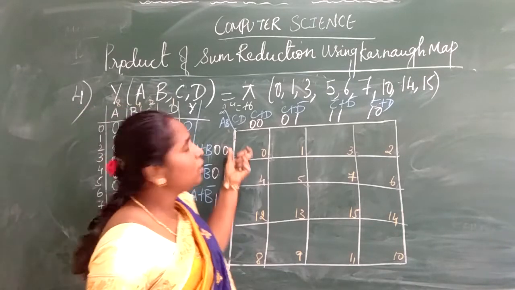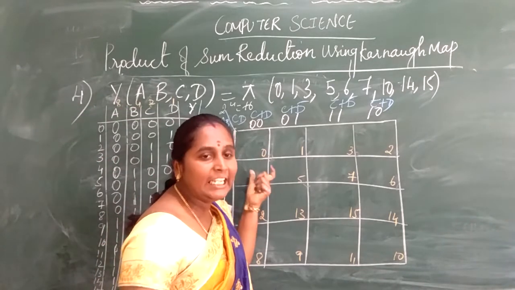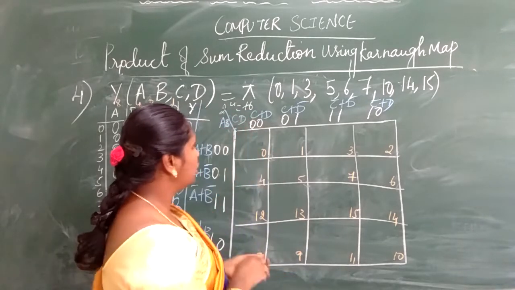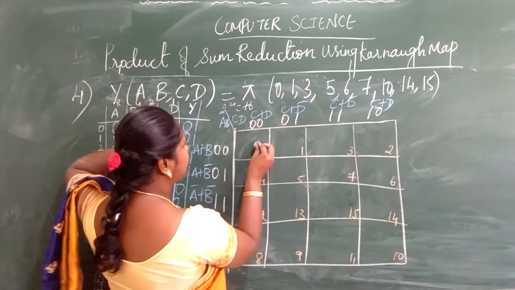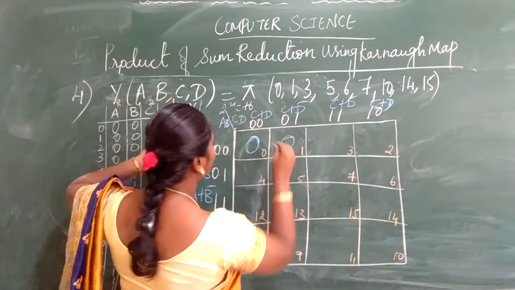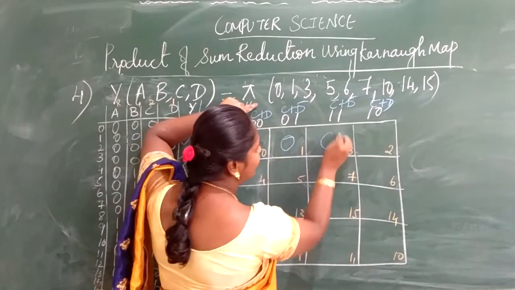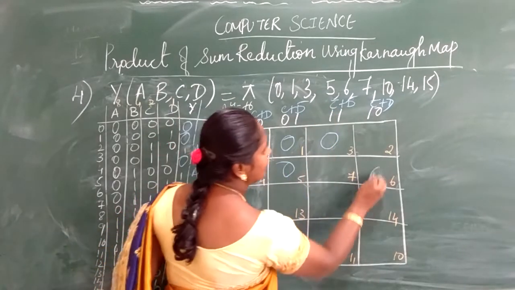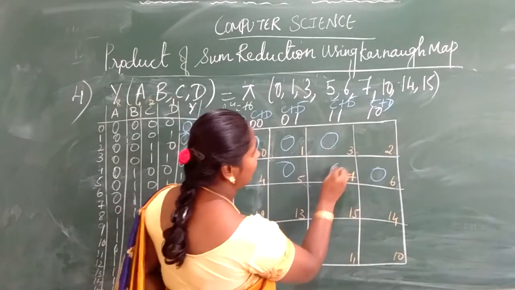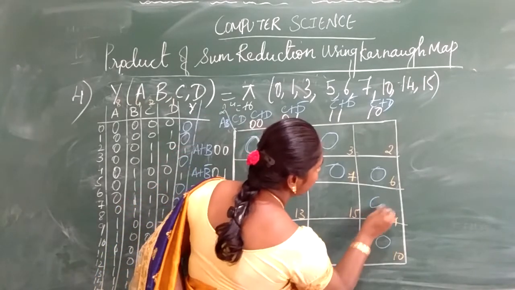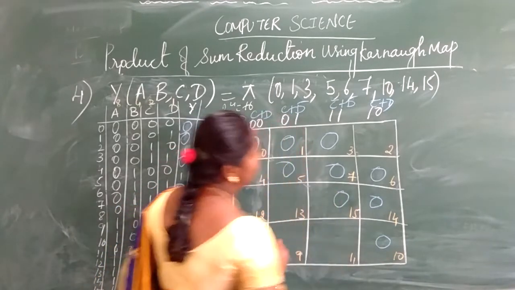For this you have to mark the zeros in your squares, in the maximum groups. For m0 it is 0, for 1 it is 0, next for 3, next for 5, next for 6, next for 7, next for 10, 14 and 15 it is 0.